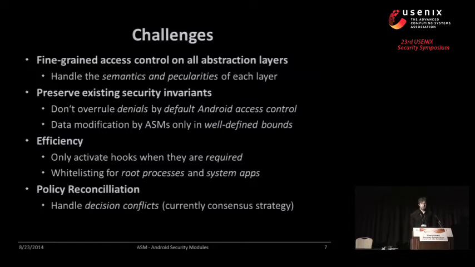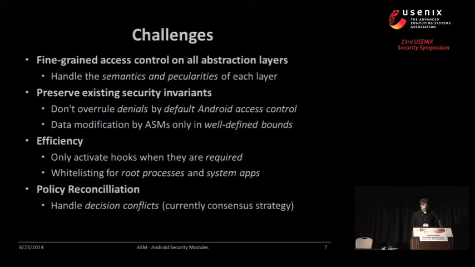What we mean by that is that ASMs deployed on the platform should only be able to make access control enforcement more restrictive and never overrule denials by the default Android access control mechanisms, such as Android's standard permission model, the discretionary access control model of the Linux kernel, or the mandatory access control model provided by SE Android.